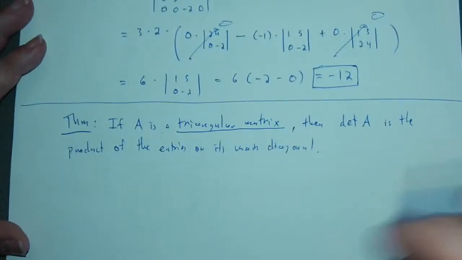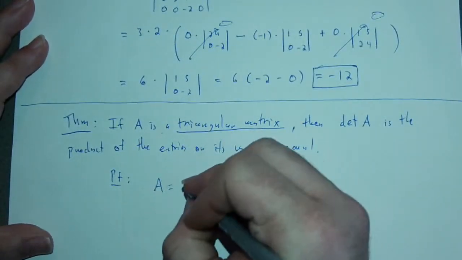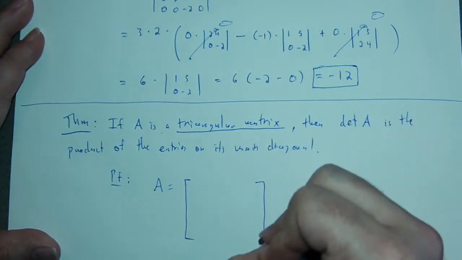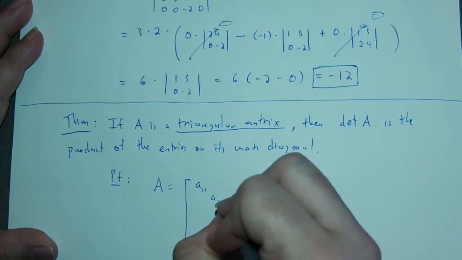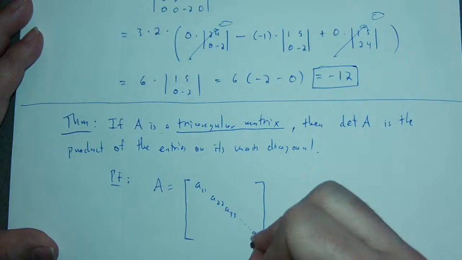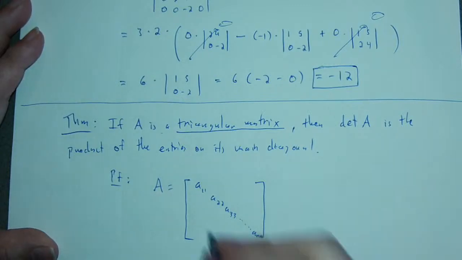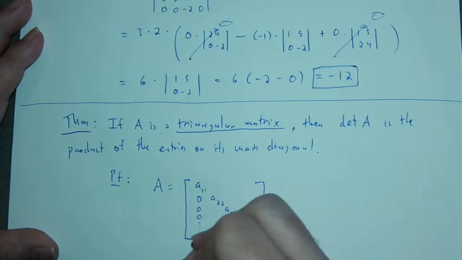Okay, the quick outline of the proof is the following. Let A be upper triangular. Doesn't matter whether it's upper or lower. So then I have some diagonal entries all the way down to A sub n. Everything below is 0.